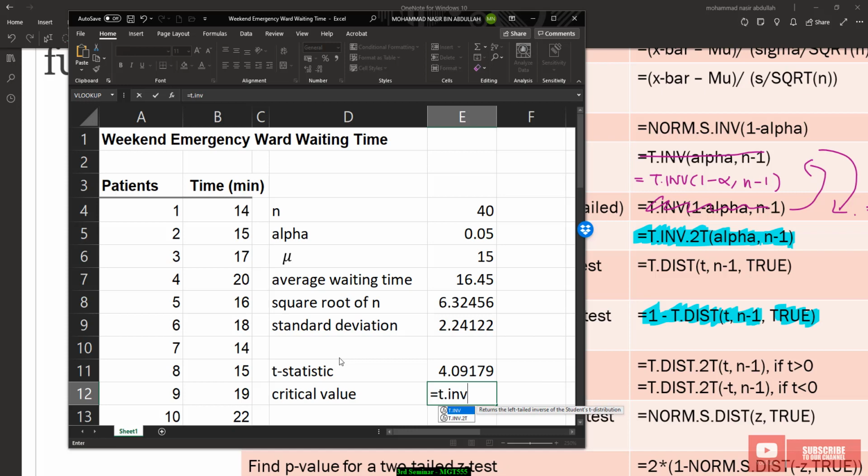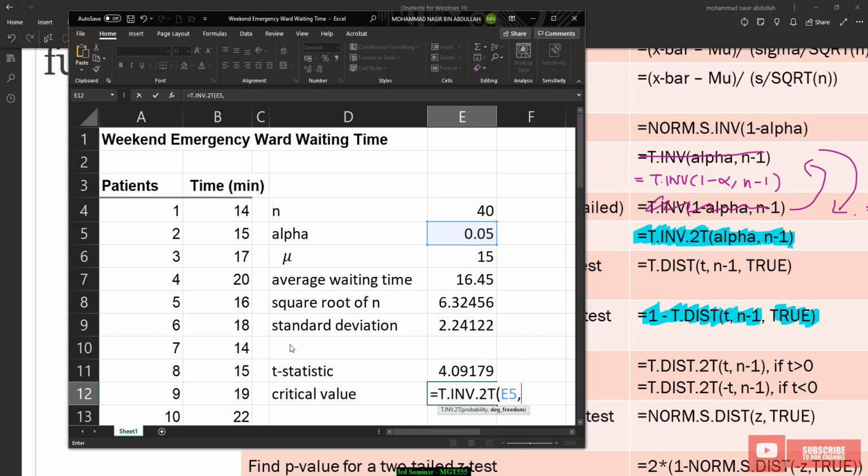Here it will show two options; there is T.INV, and another T.INV.2T. So you press 2T and you press tab. Right. So the required values are the probability value and the degree of freedom. The probability value should represent alpha. This is alpha, and then followed by n minus 1, which is our degree of freedom.